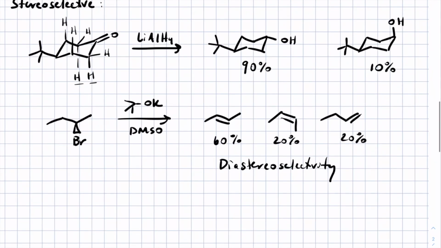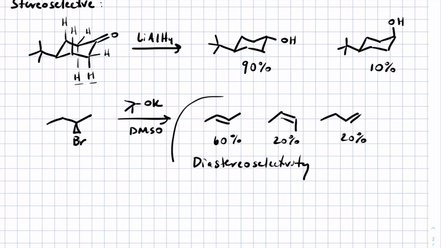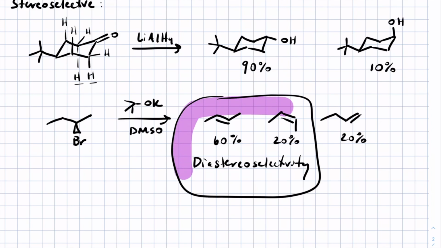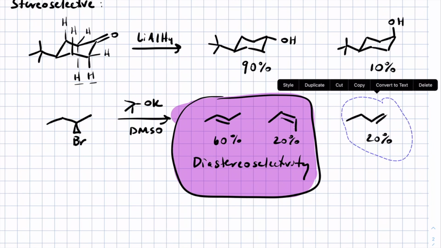I'm sorry. I think I was deceptive a little bit. Diastereoselectivity refers to the fact that you get a preference for trans over cis. How about the preference for the more substituted alkene versus the less substituted?